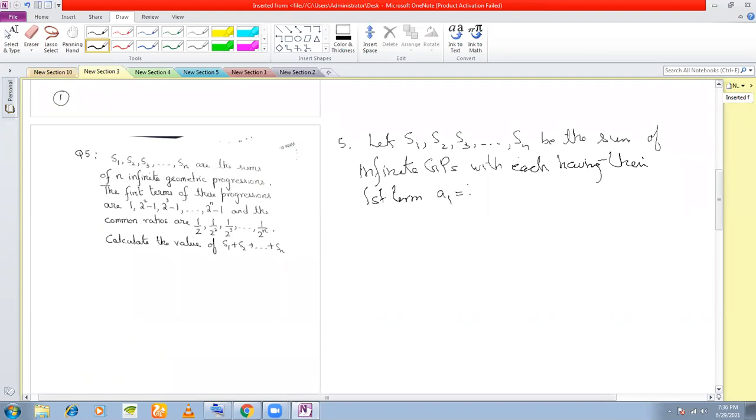A1 equal to 1, say A2 equal to 2 square minus 1. That means the GP whose sum is S1 has the first term A1. The GP whose sum is S2 has the first term 2 square minus 1. A3 is 2 cube minus 1, and so on, right? So therefore, what is S1? S1 is equal to A1 by 1 minus R1, isn't it?